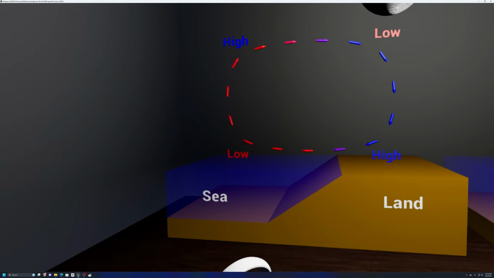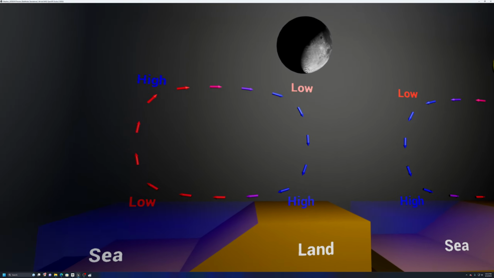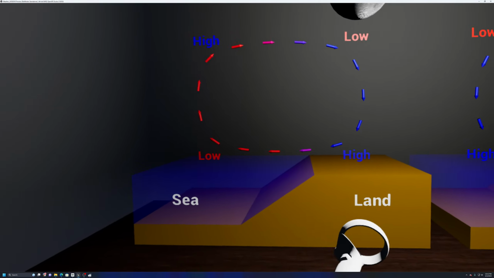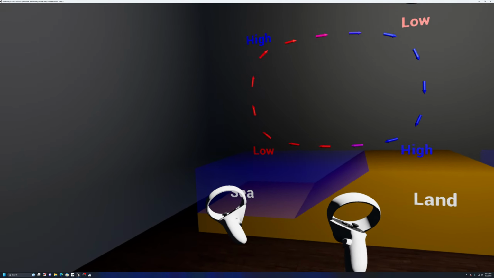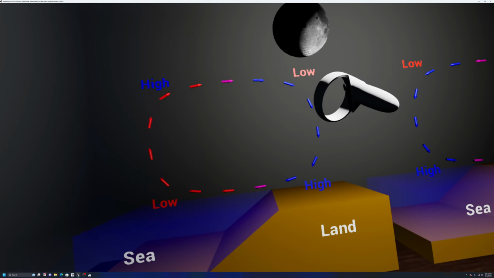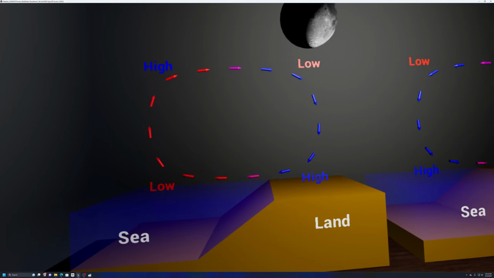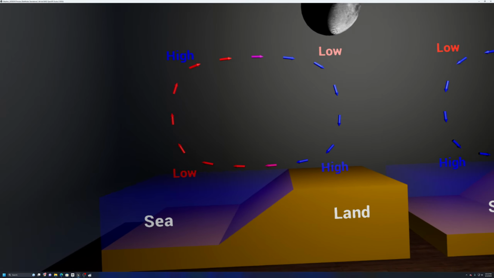So right here we have land breeze and sea breeze, as you can see. During the night, the water ends up being warmer, so warm air rises over the water, and then cold air sinks over the land, and that's how we end up getting a land breeze.